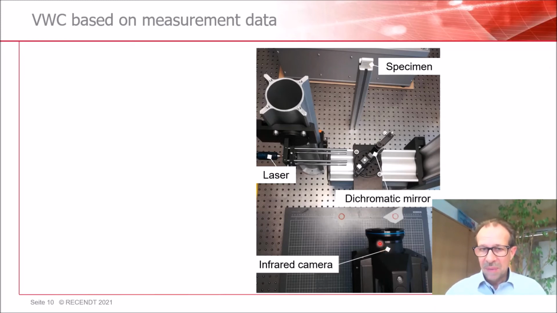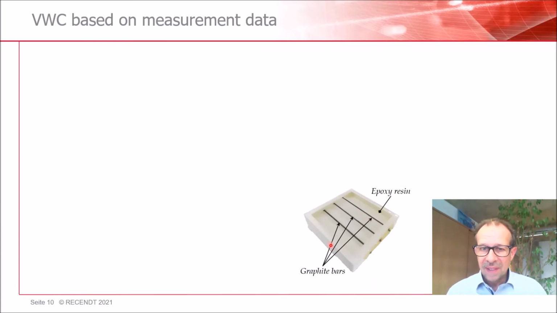The specimen consists of 3 graphite bars at a different distance to the surface, which are embedded in an epoxy resin. And this epoxy resin is opaque in the infrared range, so with the thermocamera you measure really the surface temperature.